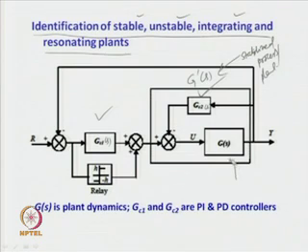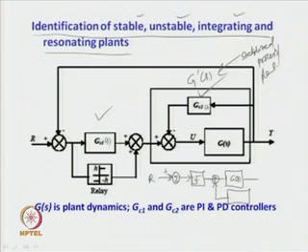We will have the reference input, then we will have the symmetrical relay and now the plant G(s), and it will have the controllers PI plus PD, or I can write this as GC1 plus GC2 in the loop.